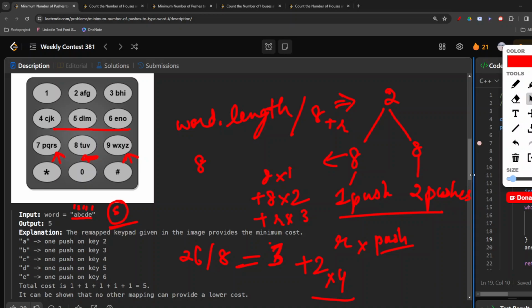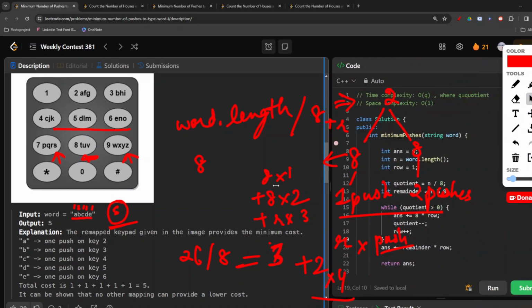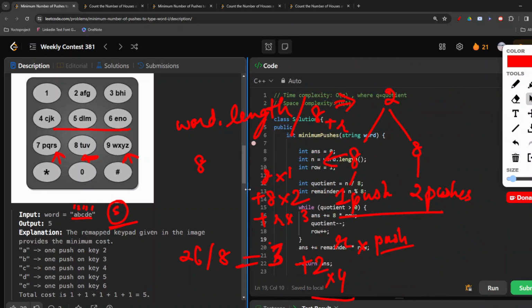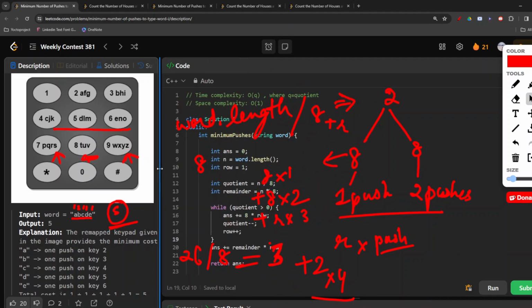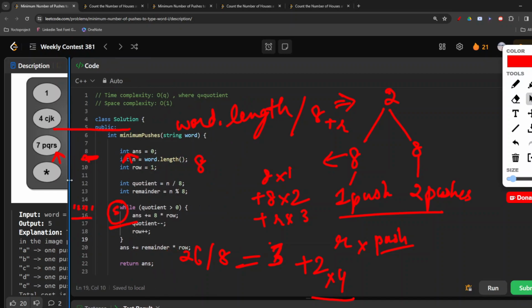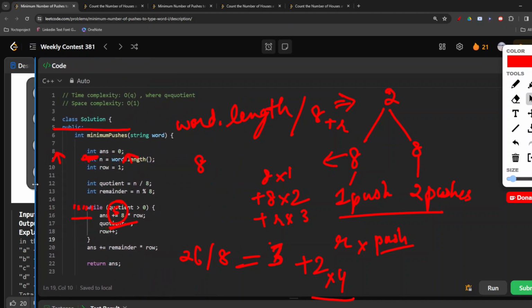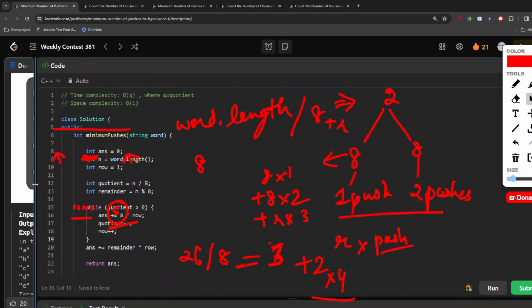So let me show you the coding part also for the same. Okay, here I can show you, and here I will erase.